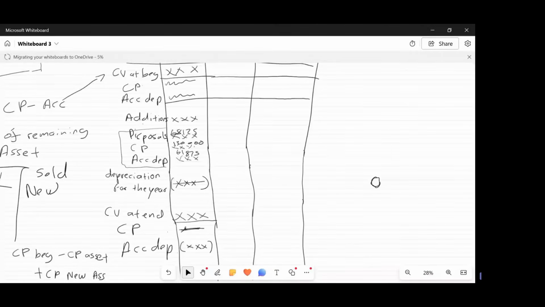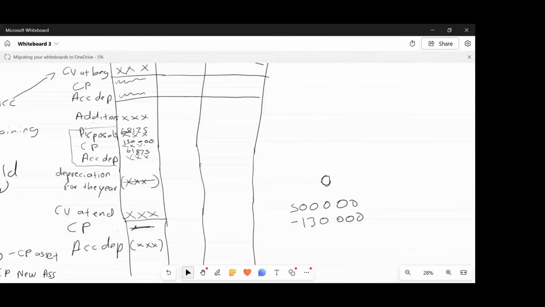If it's the remaining assets, you just subtract the accumulated depreciation of the asset that we sold and also the cost price of it. That's why I said on 500,000, you say minus 130. And on whatever accumulated depreciation we had at the beginning of the year, we subtract the one for the asset we're selling.